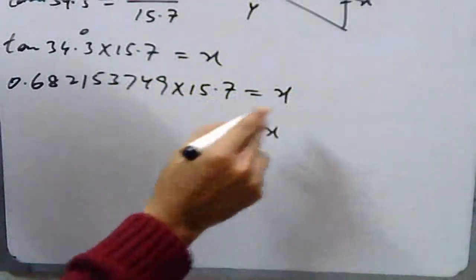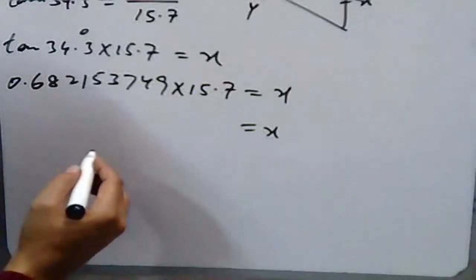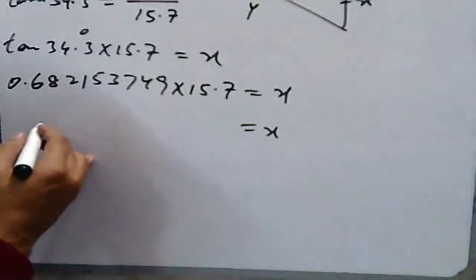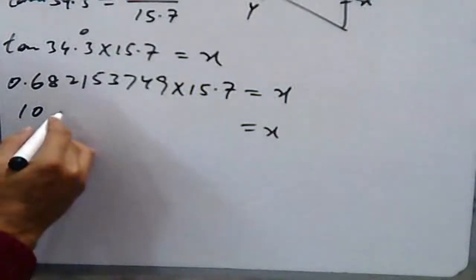What is the value of tan 34? You will get 0.682153749 multiplied by 15.7 is equal to x.